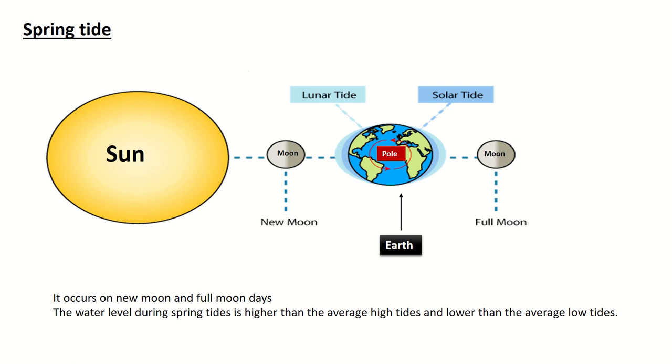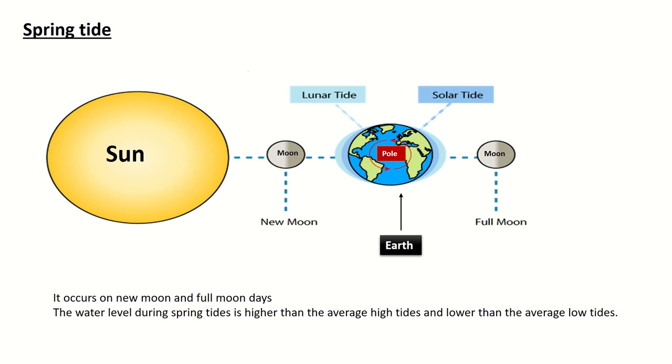Now again the moon will come a little bit closer. So on the moon, the gravitational forces of the sun and earth combine and pull the moon together. It happens on the full moon day. The moon will come closer to the earth, and that's why the gravitational force between them will be more. So at this time the tide will be high.